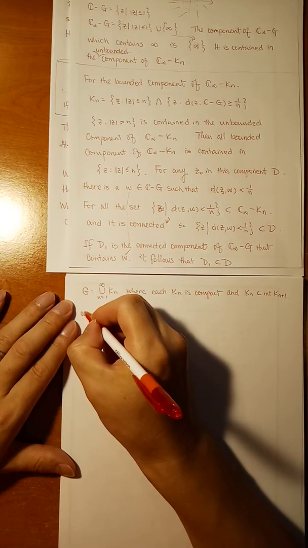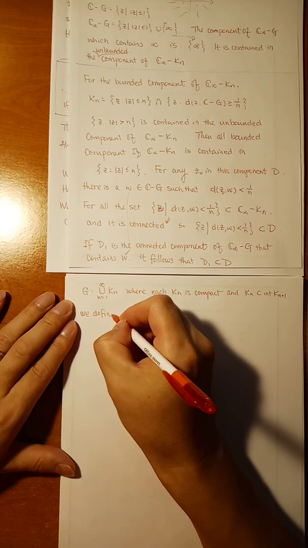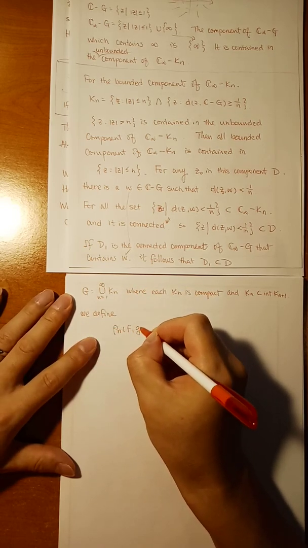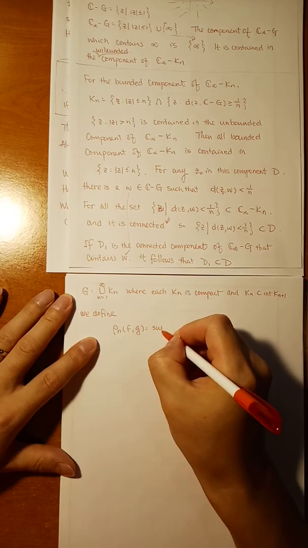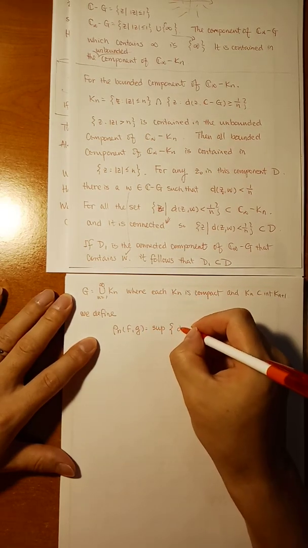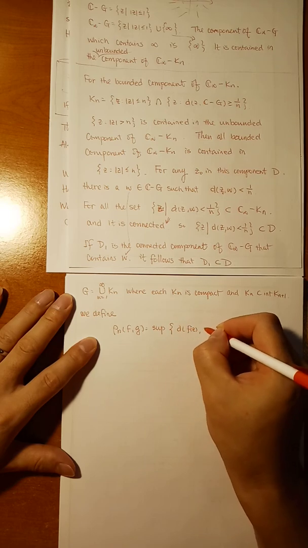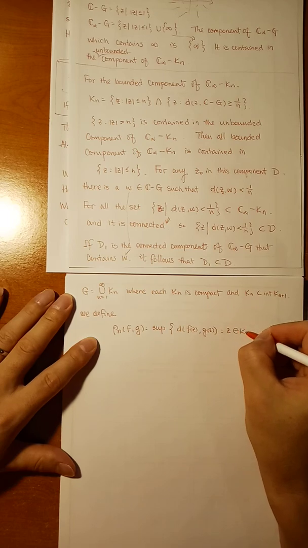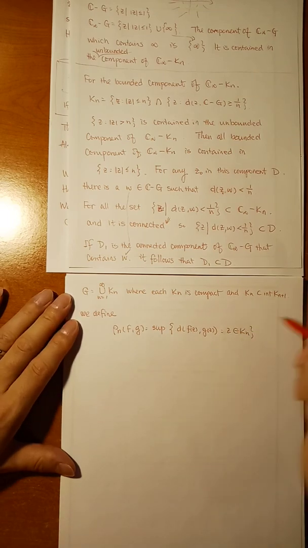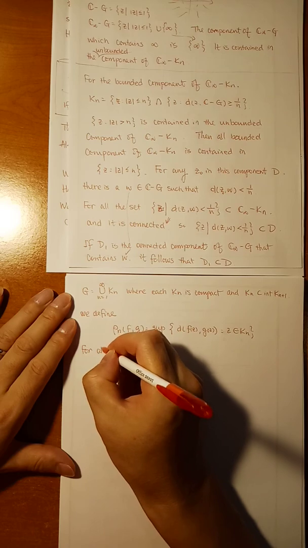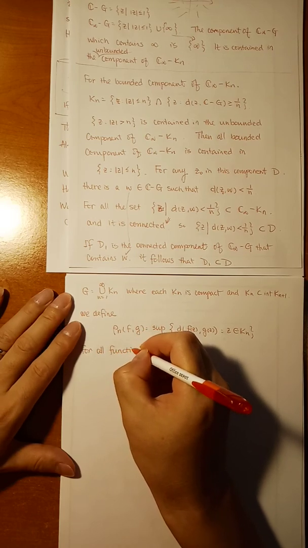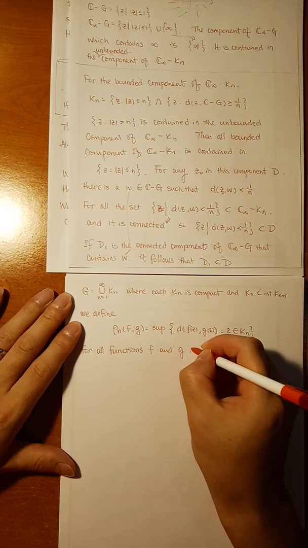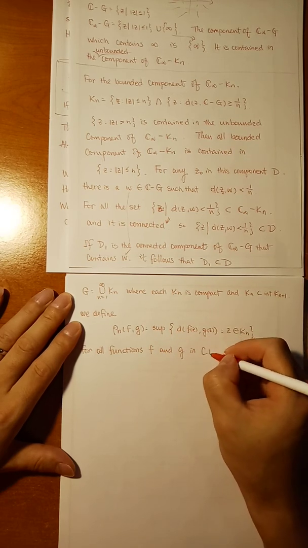Then we define a number between f and g, two functions, which is the supremum of the distance of f(z) and g(z), where z belongs to Kn, for all functions f and g in C(G, Omega).